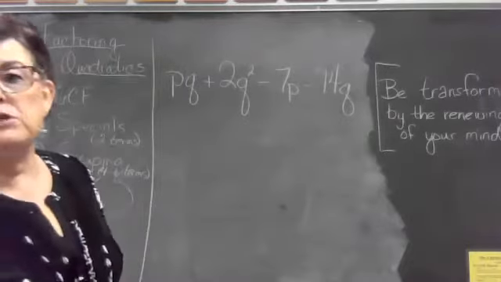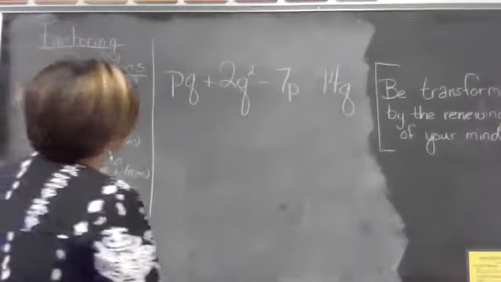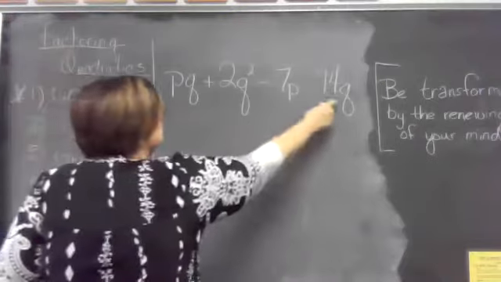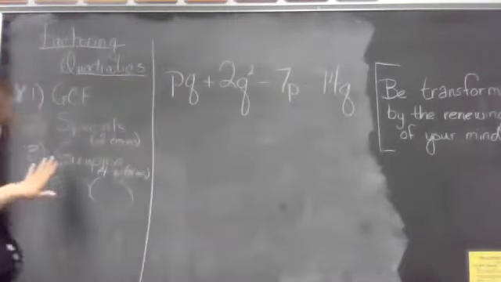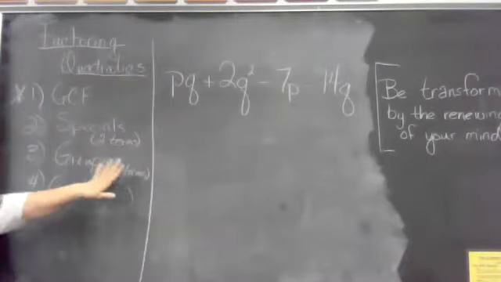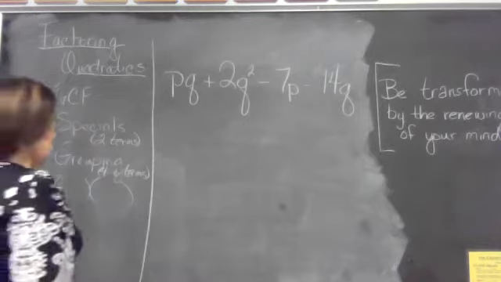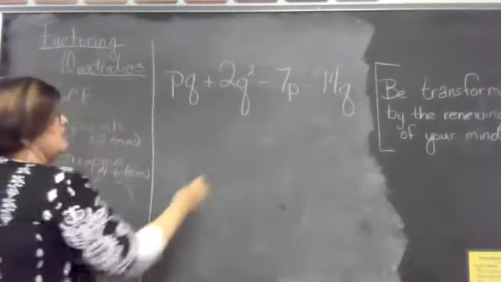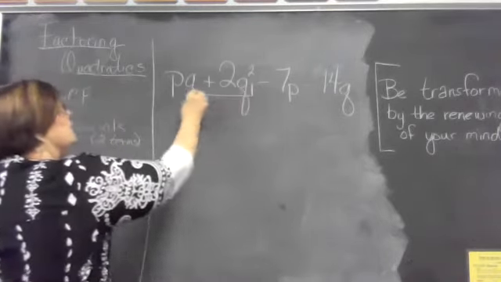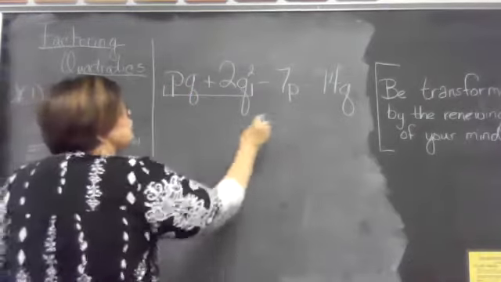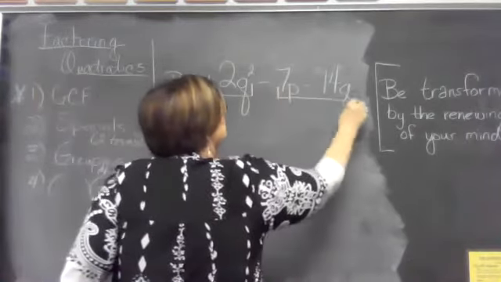Factor by grouping, and the reason they told us to factor by grouping is because there are more than 3 terms, okay? The hint will be if there are 4 or 6 terms, you're going to use this grouping. Now, it is exactly what it says. We're going to group pieces of this and just work with pieces at a time.